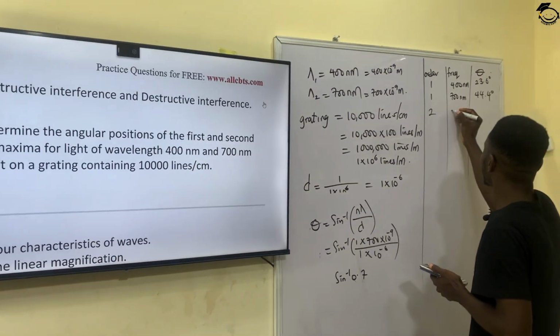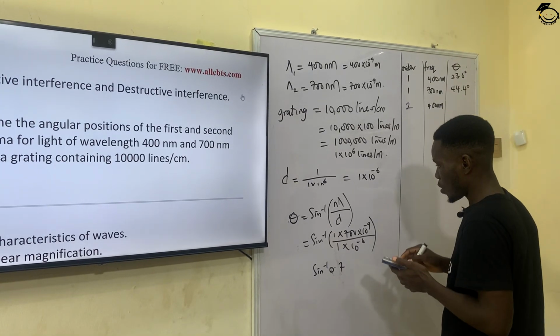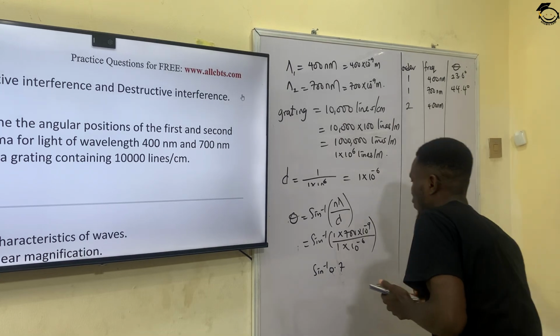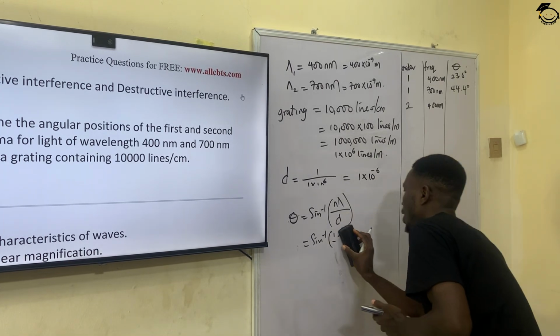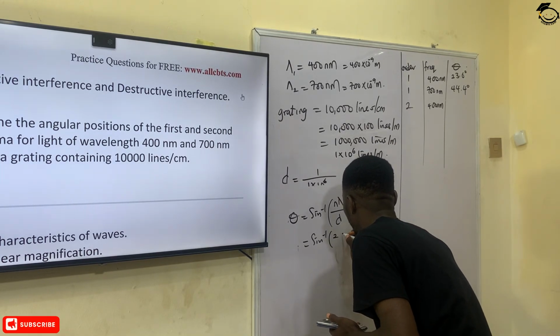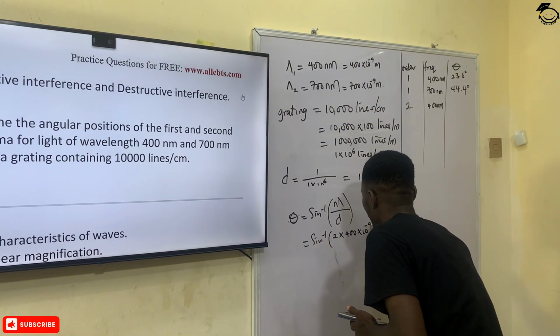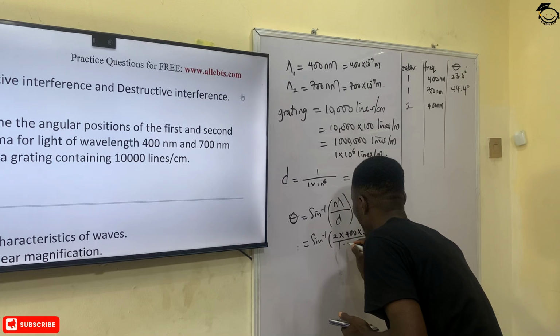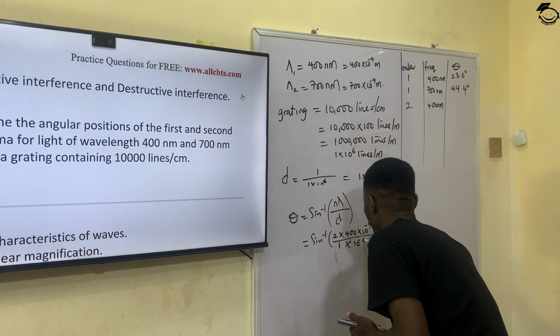So I'll also do it for the second order. I'll repeat this for the second order, 400 nanometers. So for the second order here, what I'll be having will become 2 times 400 times 10 raised to power minus 9 divided by 1.0 times 10 raised to power minus 6.